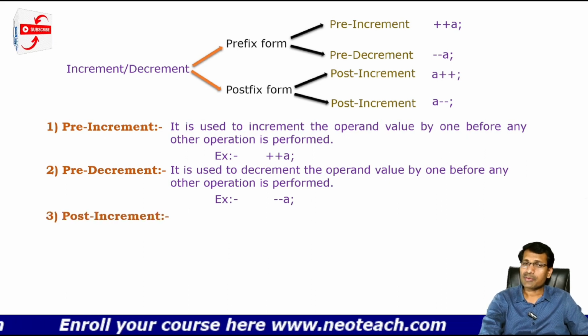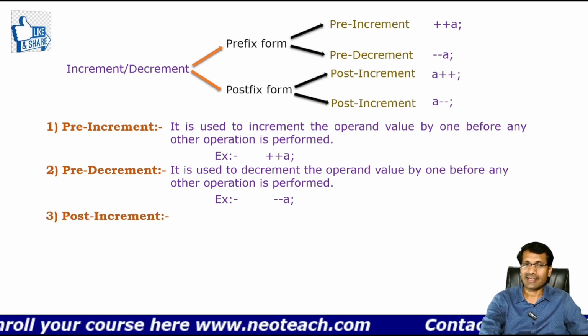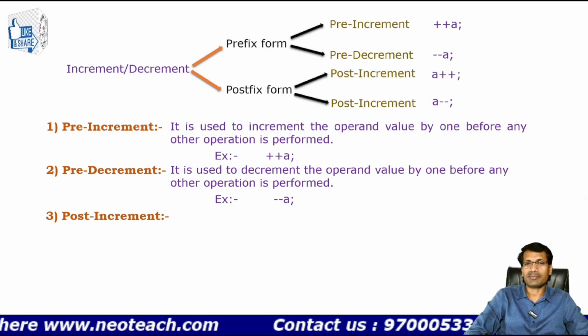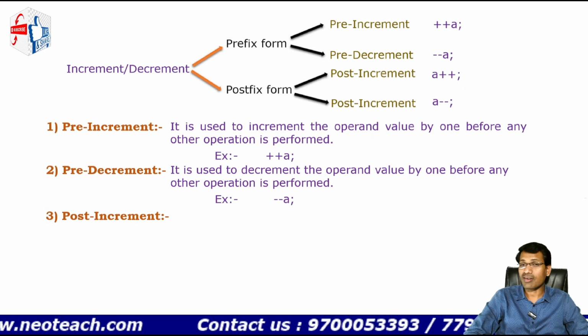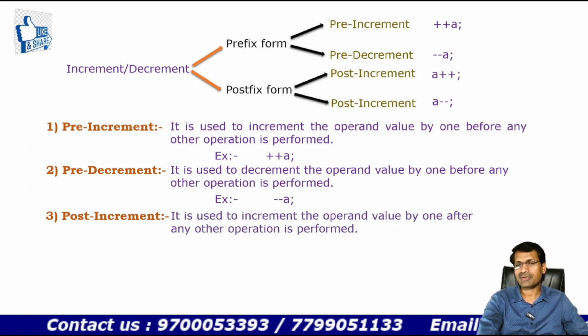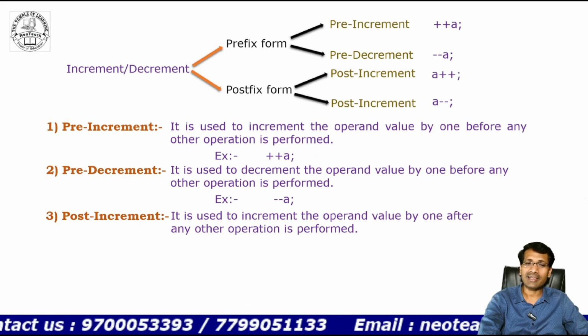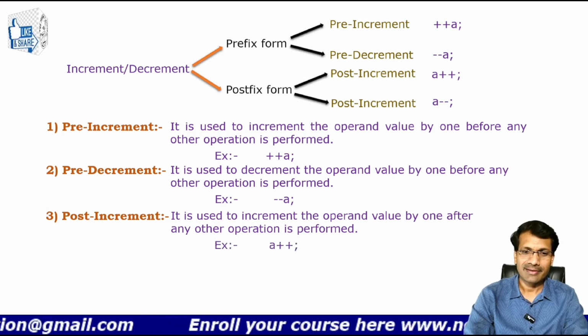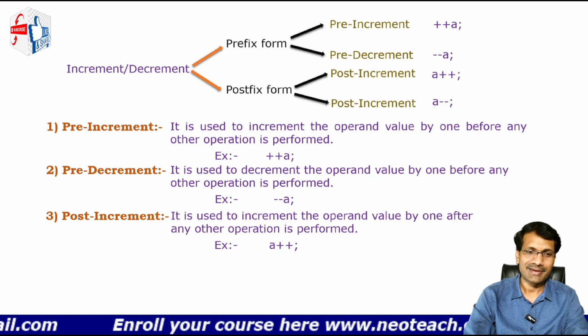Now post incrementation. As I said, pre means before and post means after, like prepone before the commencement and postpone after the commencement. Post incrementation is used to increment the operand value by 1 after any other operation is performed. Here is one example, a incrementation.